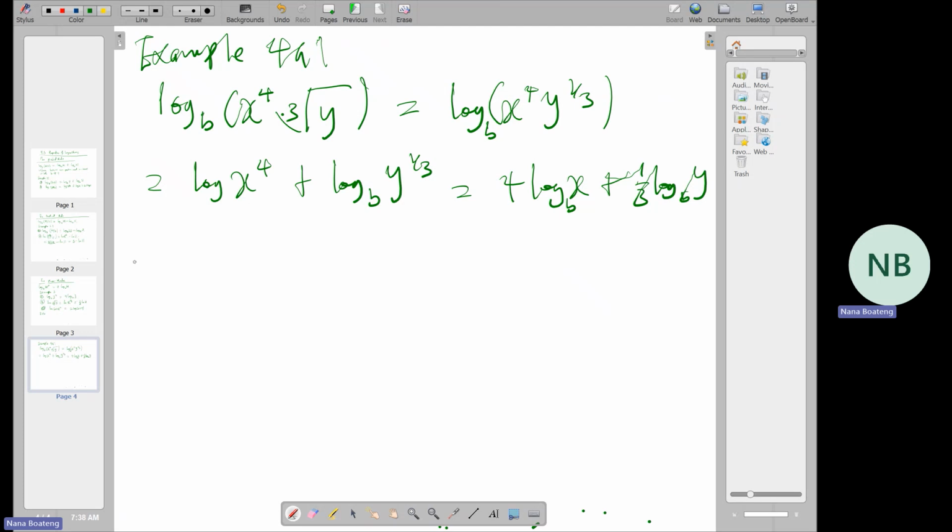Let's look at another example, example 4b.